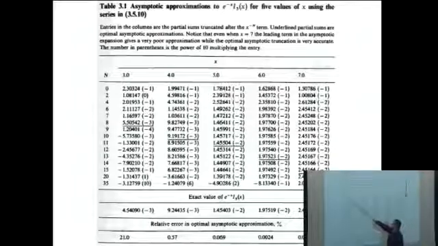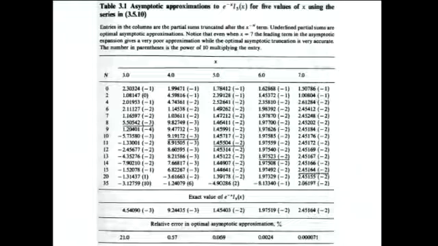So this is how asymptotics works at x equals 3, x equals 4, x equals 5, x equals 6, x equals 7. And this is what happens as you add more and more terms in the asymptotic series. Now, the term that's underlined, that's the optimal asymptotic approximation.